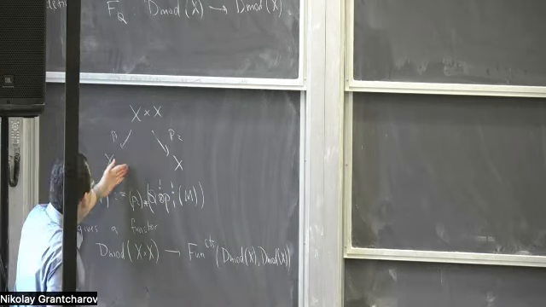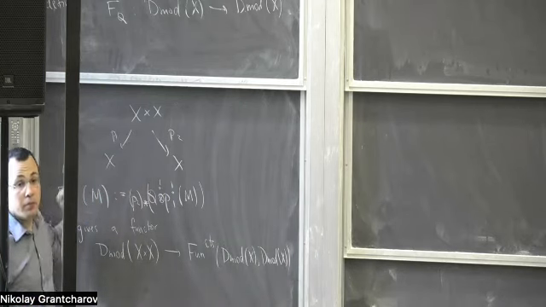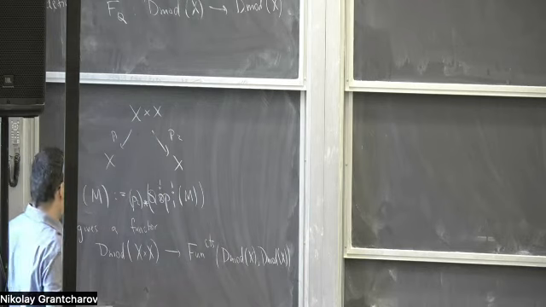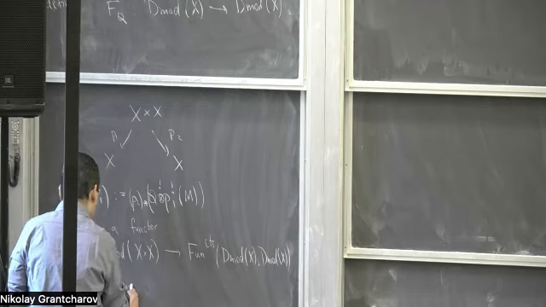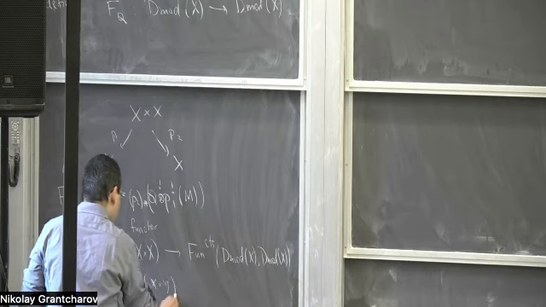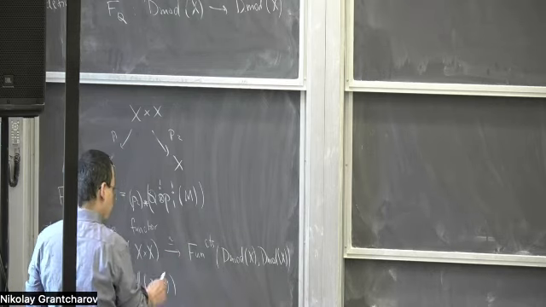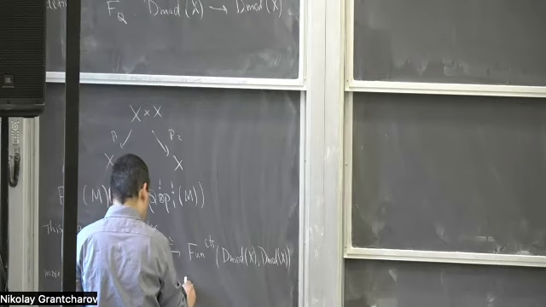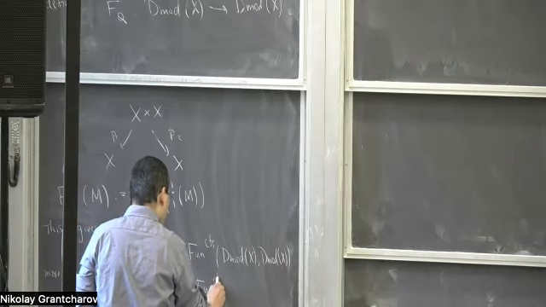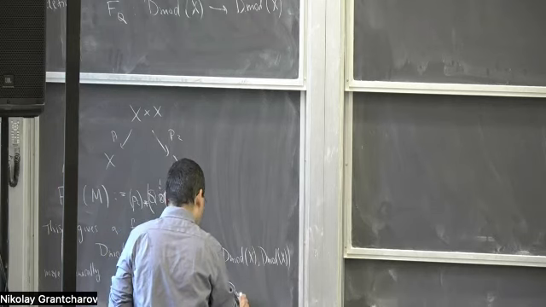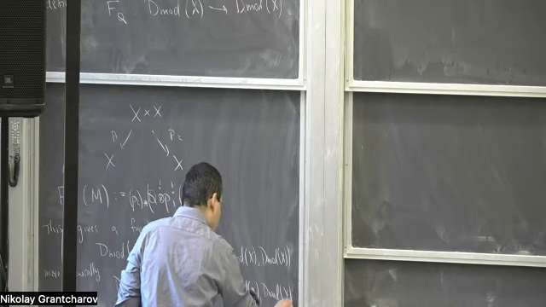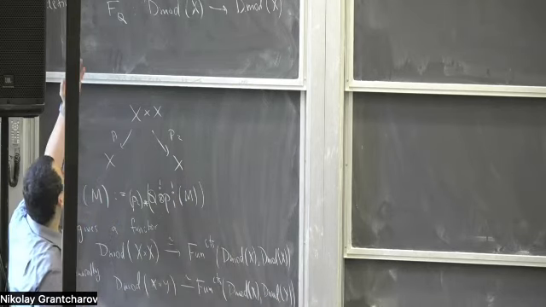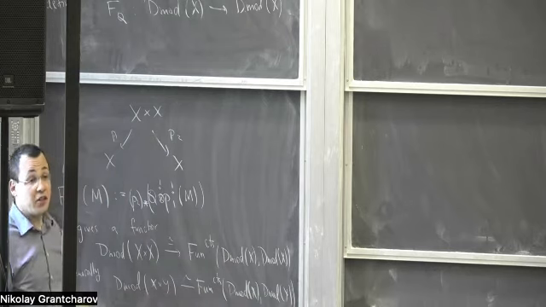I could have done it for X and Y. And this is in fact an equivalence, as functors from D modules on X to D modules on Y. What are the assumptions on X? Let's say they're schemes, or QCA stacks is okay too.